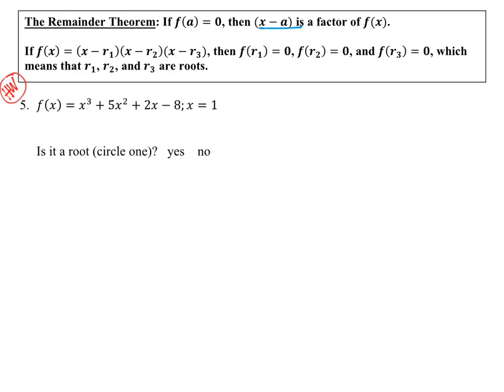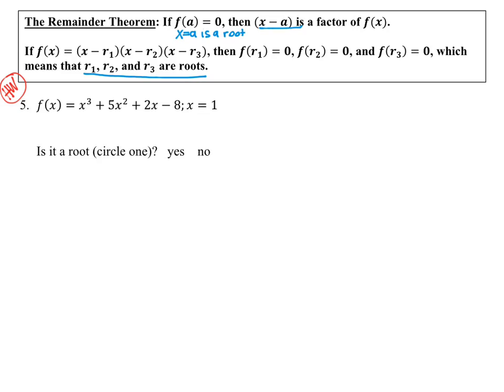So saying f of a equals 0 is just saying x equals a is a root. This next part is just going the opposite direction, so it's what we already know. If I have some polynomial in factored form, that means that R1, R2, and R3 are going to be roots.